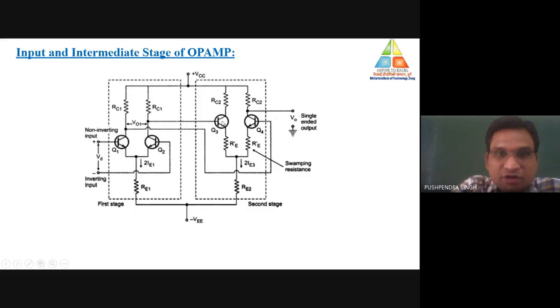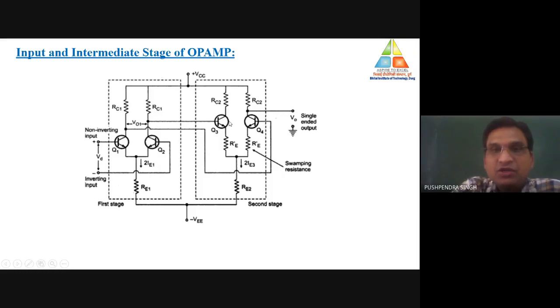You can see from here, the base terminal of transistor number 3 is connected with the output terminal of stage number 1. Also the base terminal of transistor number 4 is connected with the output terminal of stage number 1. That means the base terminals of transistor number 3 and transistor number 4 both are connected with the voltage source.